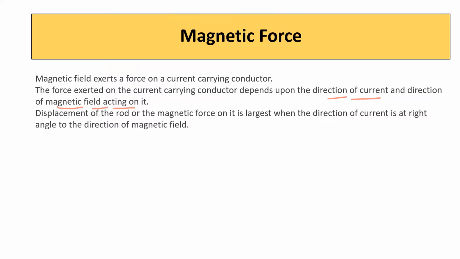It is also found that this displacement of the rod, or the magnetic force on it, is largest when the direction of the current is at right angles to the direction of the magnetic field. Please note that this magnetic force is largest when the direction of the current is at right angles to the direction of the magnetic field.